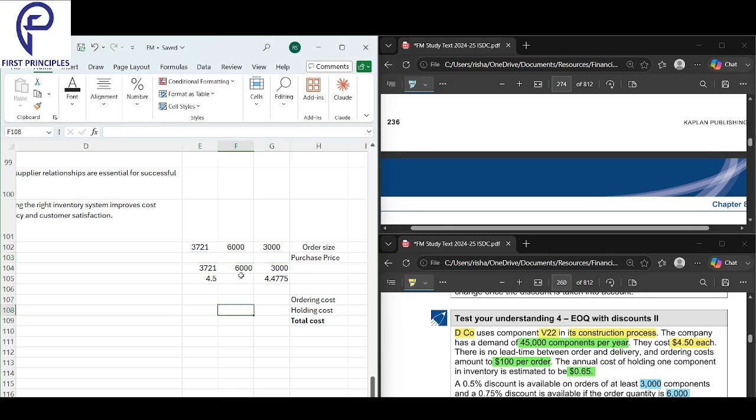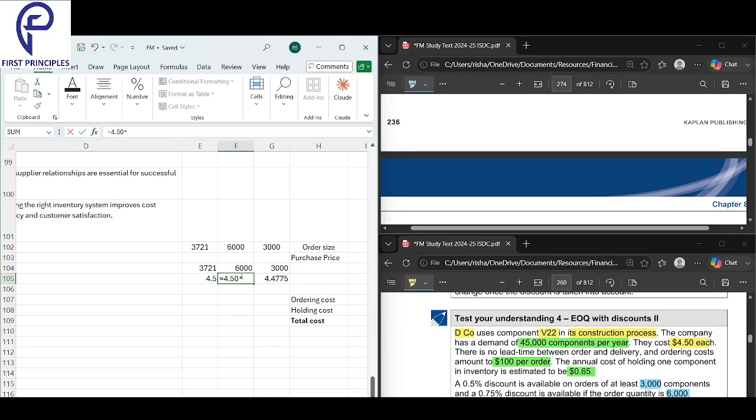Okay. And for 6,000, we will get 4.50 into, okay, so 0.75% discount we are getting. We're getting 99.25%.